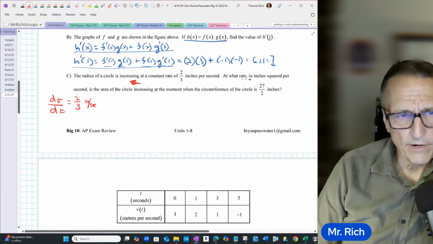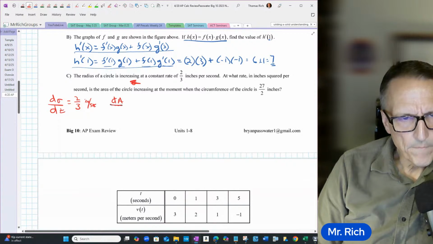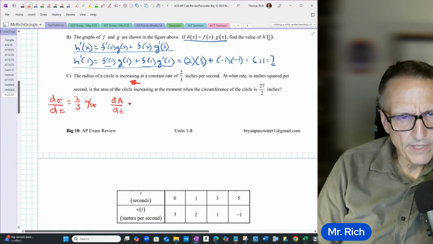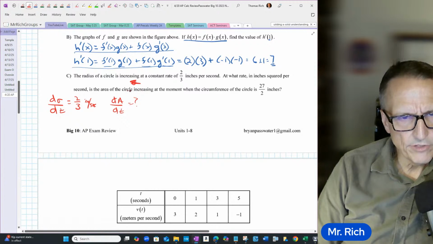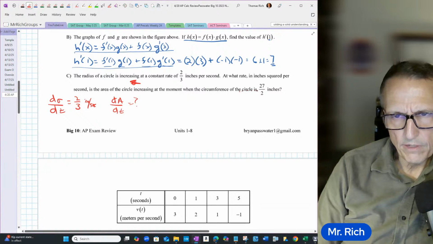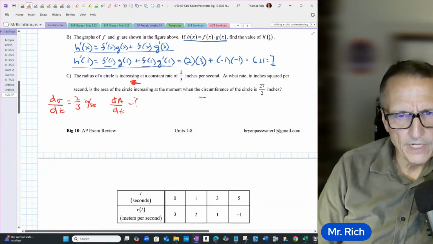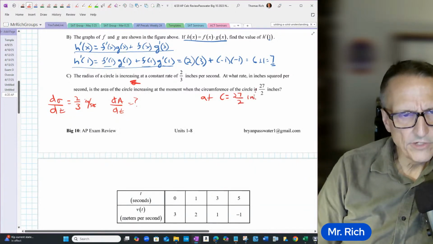They want us to calculate dA dt. That's the quantity they want, at the moment in time when the circumference is 27/2 inches.